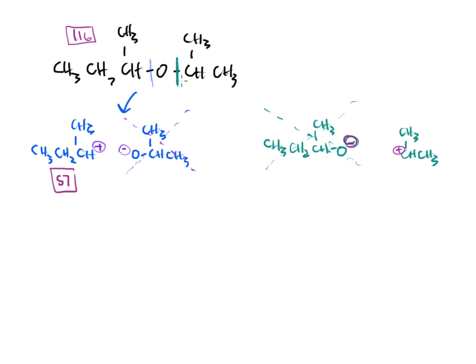If it cleaves on the right-hand side, well, these are my two pieces. The oxygen gets the negative and goes away. I have this positive that's left over. This fragment will be a 43. 12 and 12 and 12 is 36, plus 7 from the hydrogens, which makes 43.